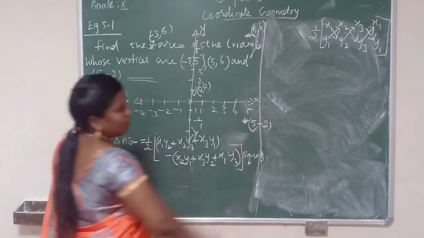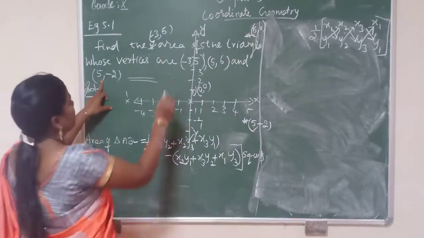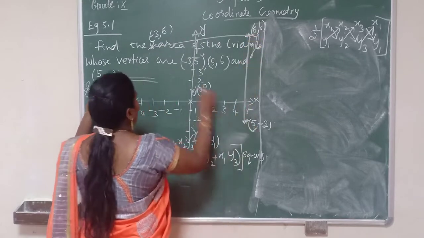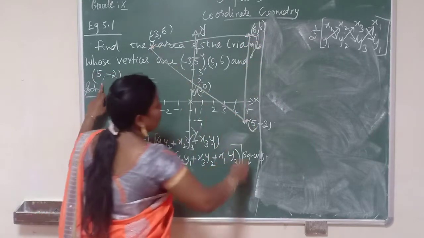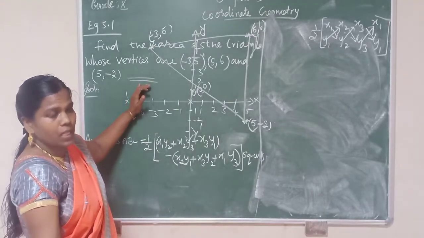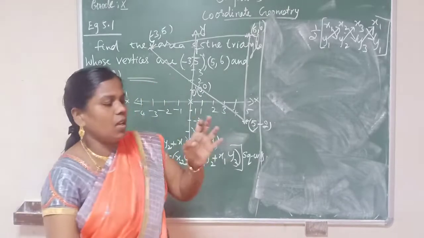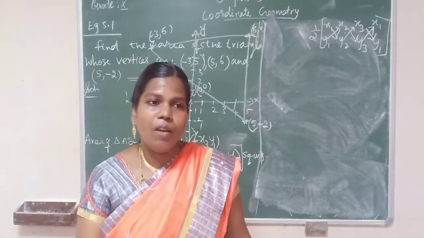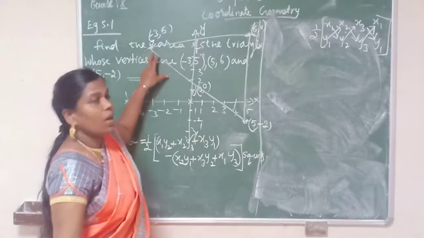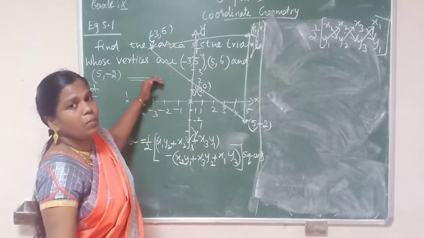After plotting these points, we have to join the 3 points, and we get a triangle. After joining, we have to name the triangle anti-clockwise, that means counter-clockwise. Clockwise we should not name. Why? The area should be positive, it won't be negative. If you name it clockwise, sometimes you may get a negative value.